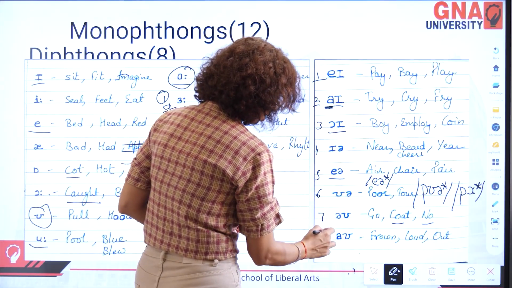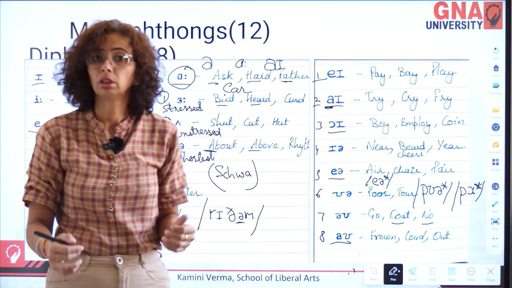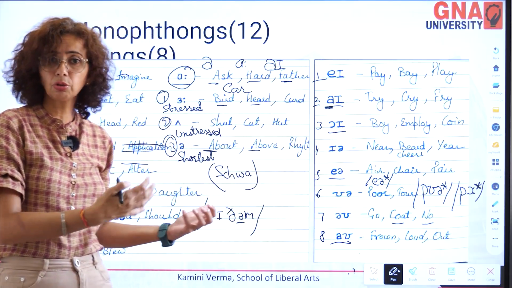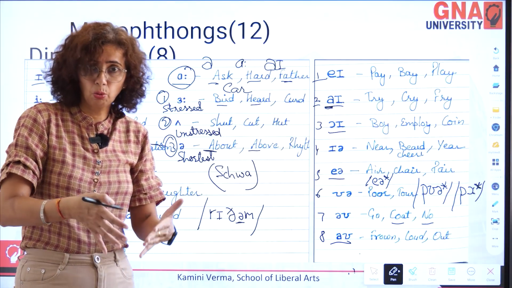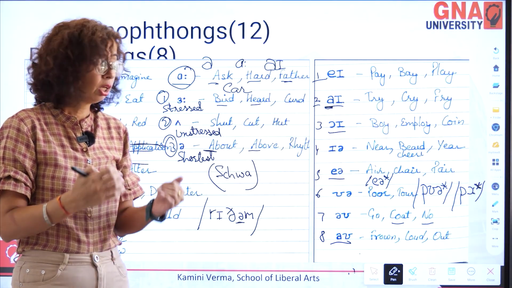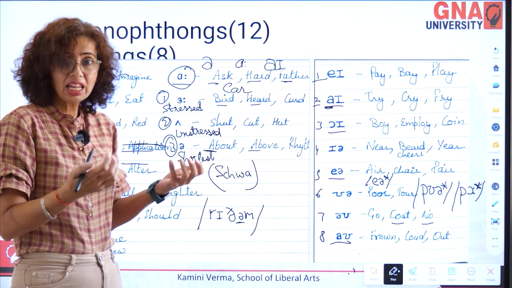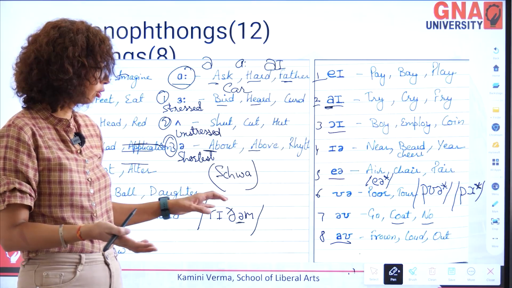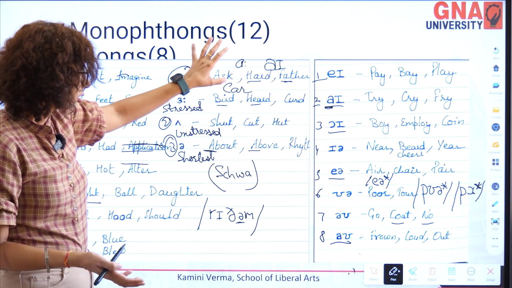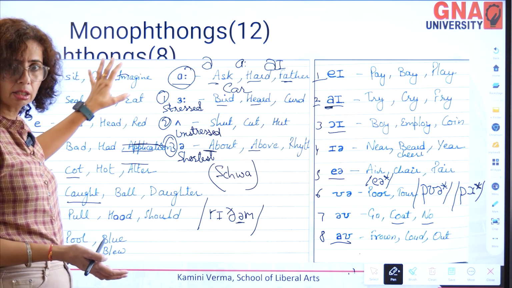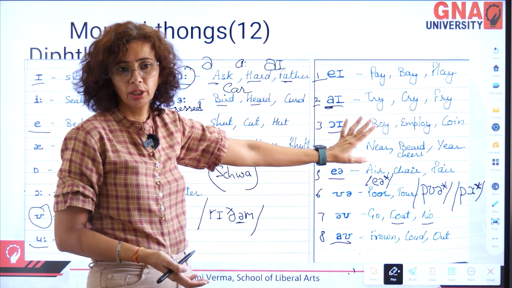Moving ahead with the last one, that is the ow sound over here. Ow. Earlier one was O, and now this is ow. Now. Do it now. Now. Frown. Out. Loud. So these are a few examples of vowel sounds as monophthongs as well as diphthongs.